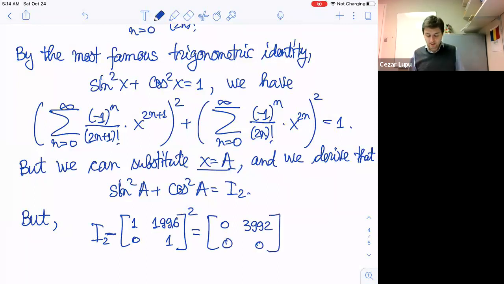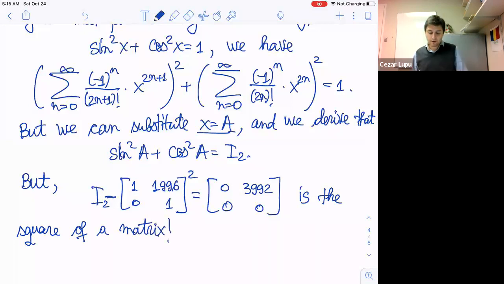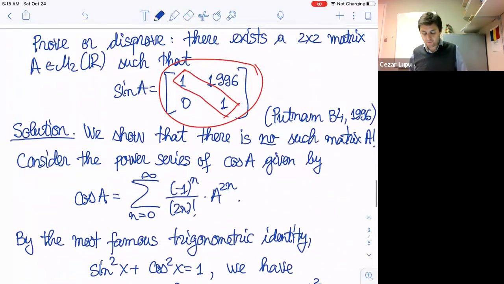And we have to show that, well, we know that this is the square of a matrix. We know this by our assumption. Right here, I said that we should prove that there is no such matrix. I should have written, well, suppose that there is.